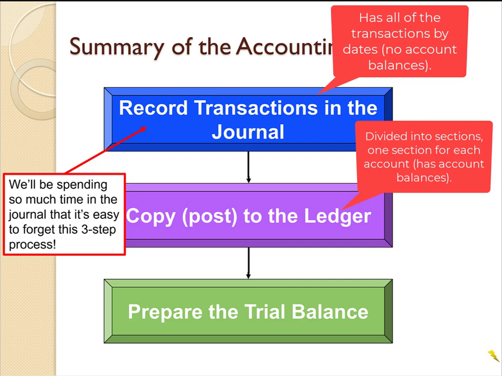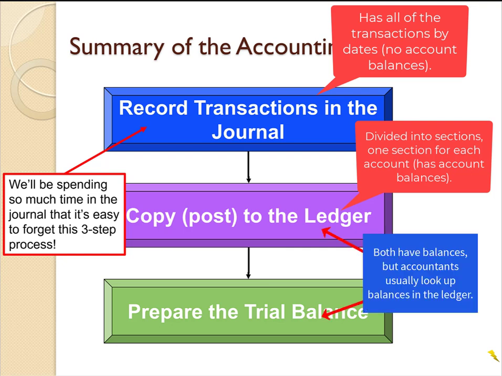Now you could technically go into the journal and look at all the transactions and find the many different transactions that have cash included in it, but that would be way too cumbersome. And where would you go if you wanted to see a balance of an account? Well, both the ledger and the trial balance have balances. The journal does not have account balances. So that's critical to know about the journal.